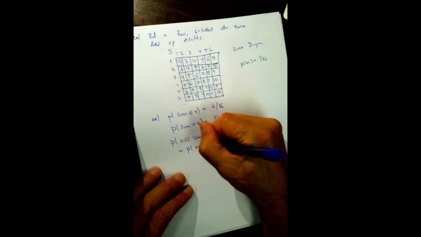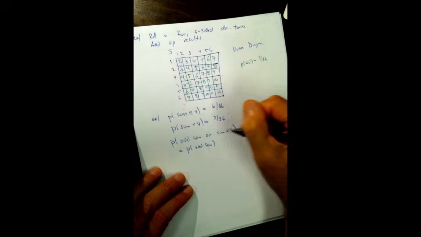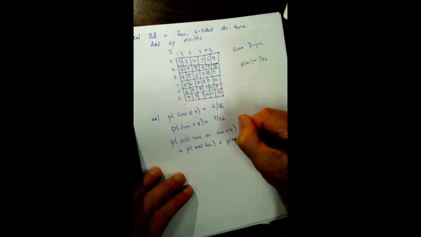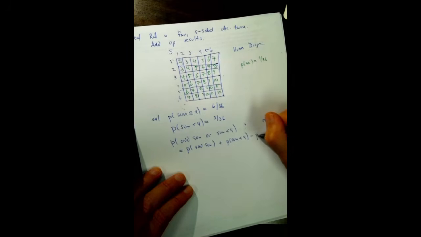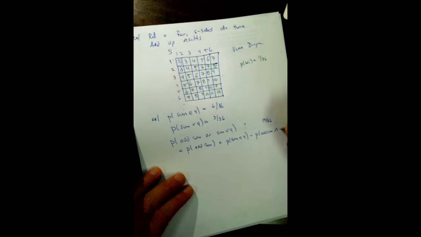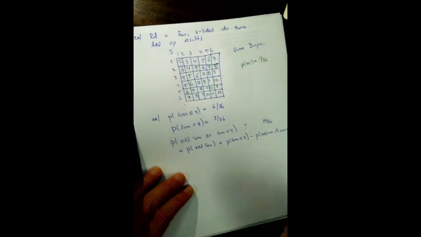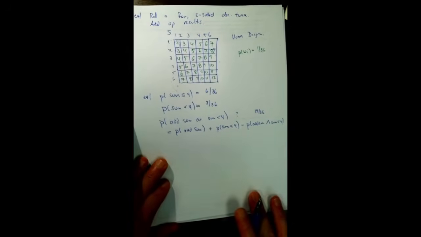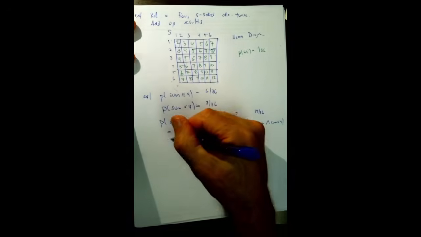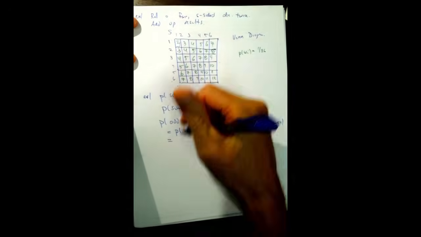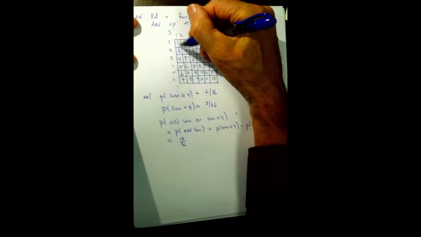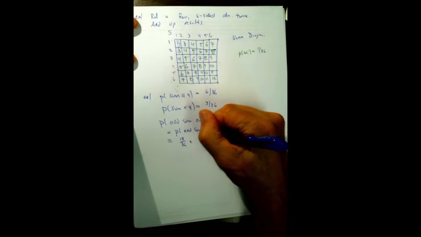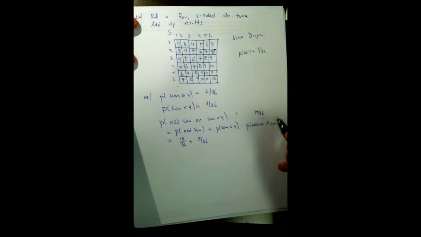But I also know that I could look at this as the probability I get an odd sum plus the probability the sum is less than 4, but then I'm going to have to subtract the probability it's an odd sum and the sum is less than 4. The probability that it's odd is 18 out of the 36. The probability the sum is less than 4 is 3 out of the 36.